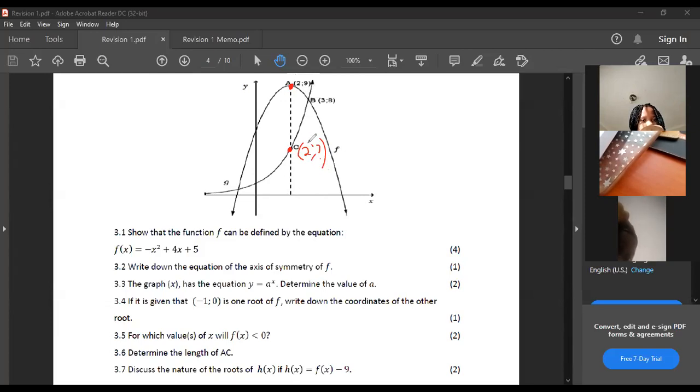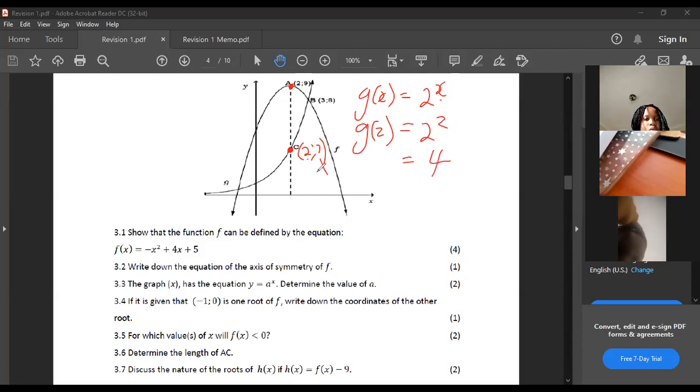What did we find as the answer for A? We found the answer for A as 2, right? So the equation of g of x is equal to 2 to the power x. So what is the y coordinate here? Where x is 2, substitute 2 here. So g of 2 is 2 to the power 2, which is 4.